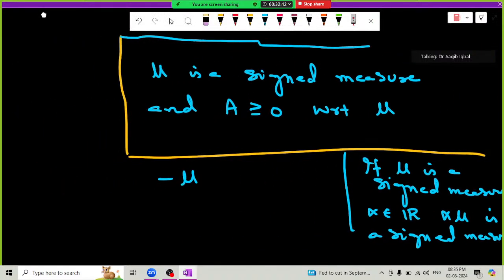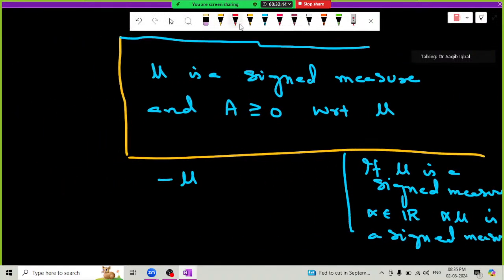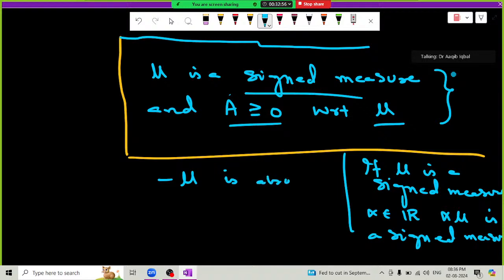अब जो मैं आपसे कह रहा था वो ये है, अगर ये situation आप देखेंगे, यहाँ mu is a signed measure and A is a positive set with respect to mu. Now mu is a signed measure, minus mu is also a signed measure. Right?